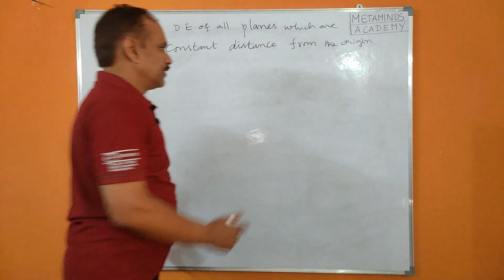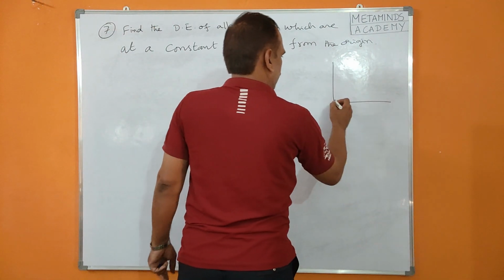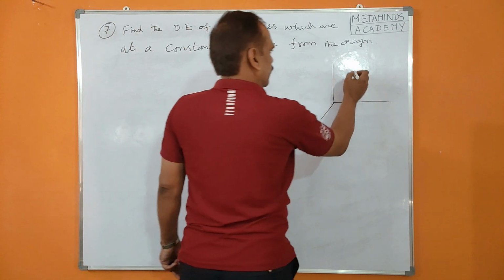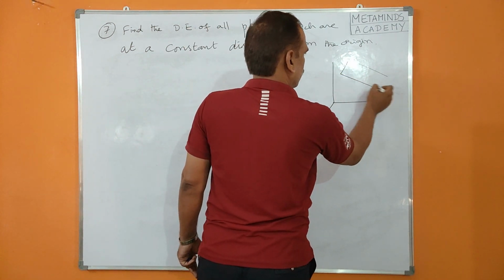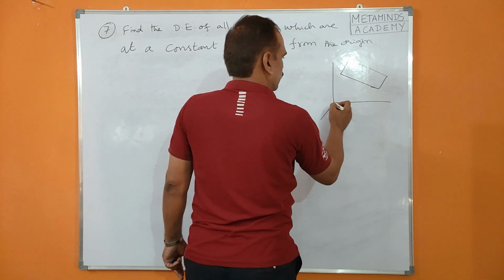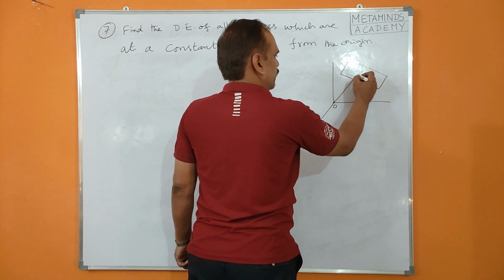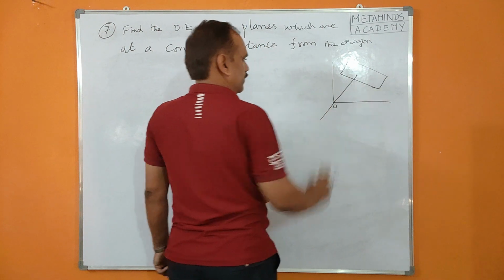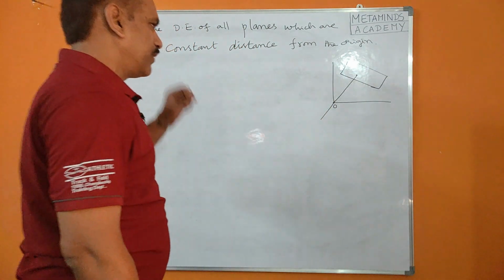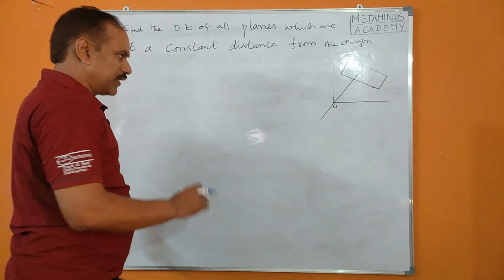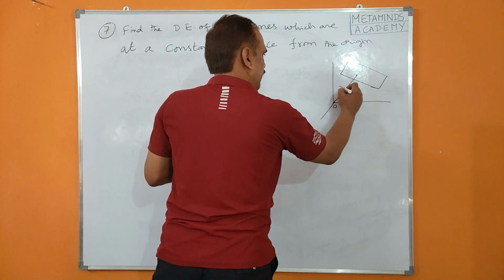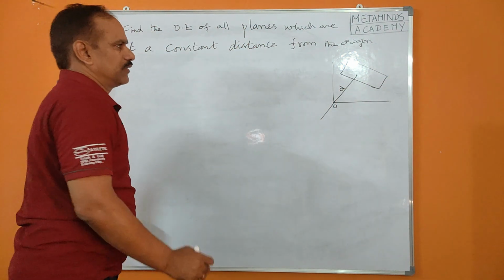That means you take all planes, you take randomly one plane, right? From the origin, the distance, the perpendicular distance, right? Distance to a plane from the origin is nothing but the perpendicular distance. Let us name it as d.